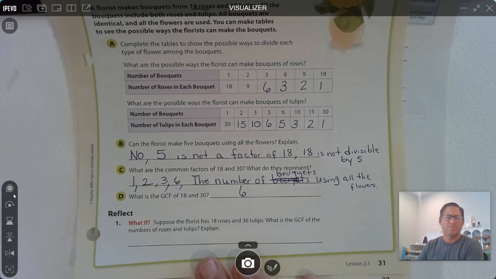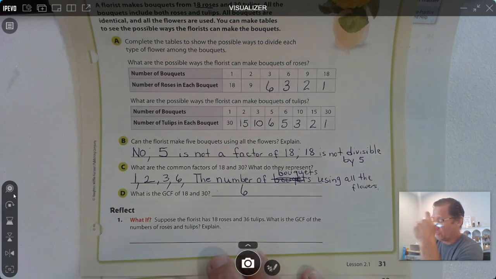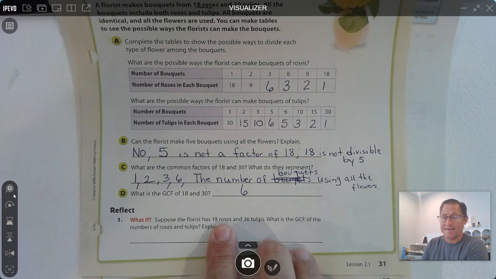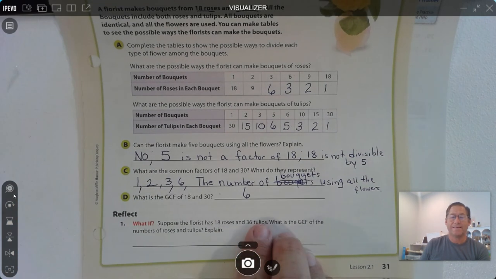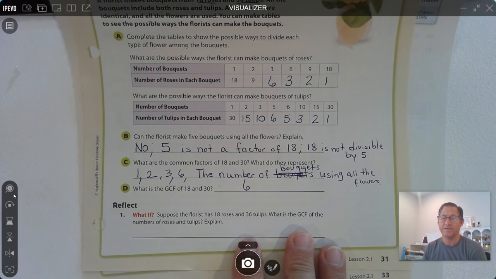All right, so now let's reflect on the what-if thought here. Suppose the florist has 18 roses and 36 tulips. What is the greatest common factor of the number of roses and tulips? Well, we know in this case that the greatest factor of 18 would be 18, right? Well, 18 is also a factor of 36 because 18 times 2 is 36.